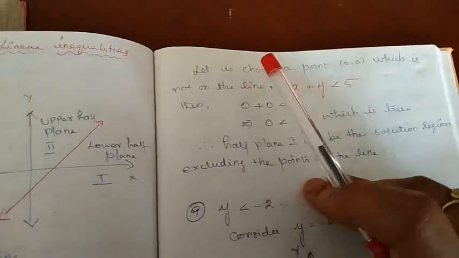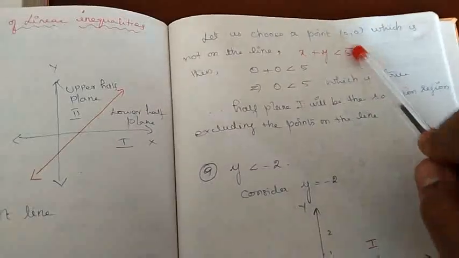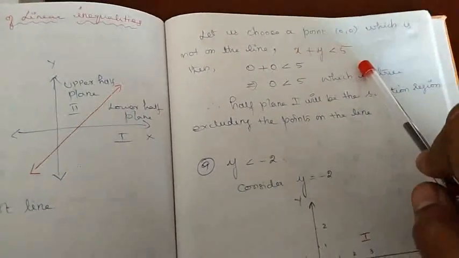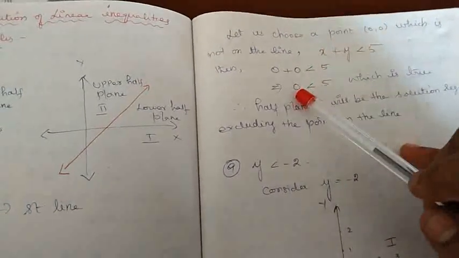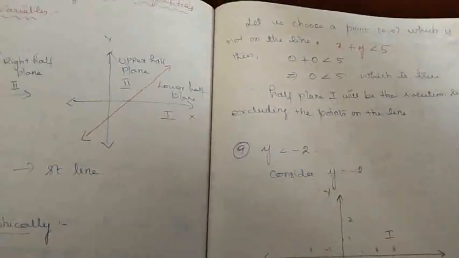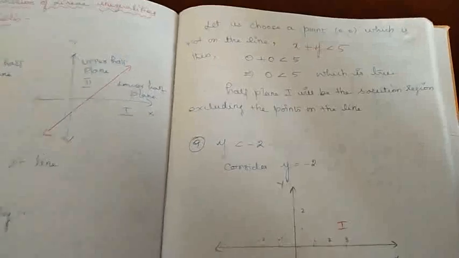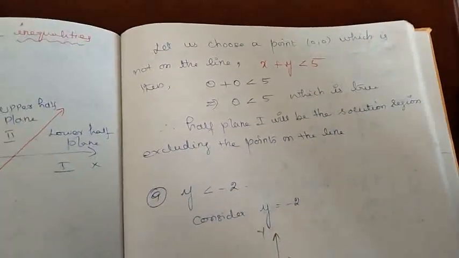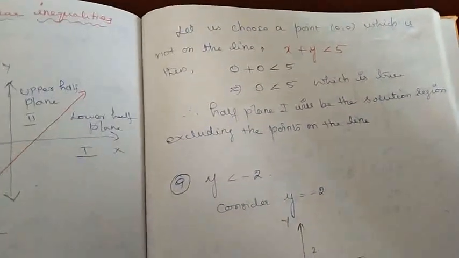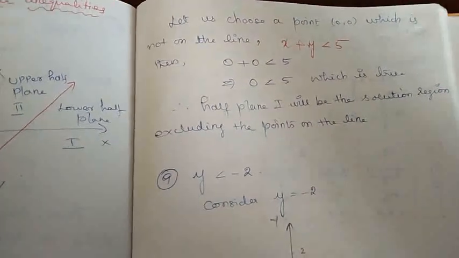0, 0. After choosing a point which is not on the line, substitute that point in the inequality, not in the equation. So 0 plus 0 is less than 5, which is 0 less than 5, which is true. When a point satisfies the equation, we say that point lies on the line. The same way, when a point satisfies the inequality, we say that side of the plane is the solution region.